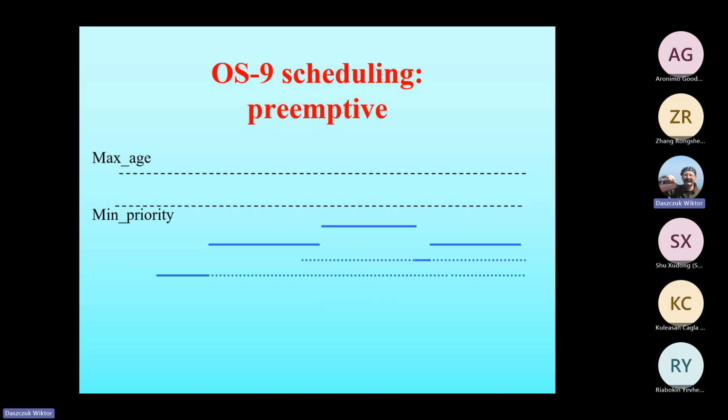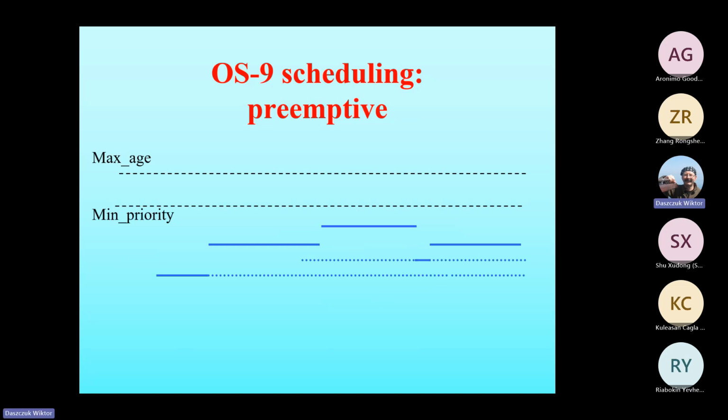The third area is below mean priority. In this area, we have the processes that are scheduled with preemption.